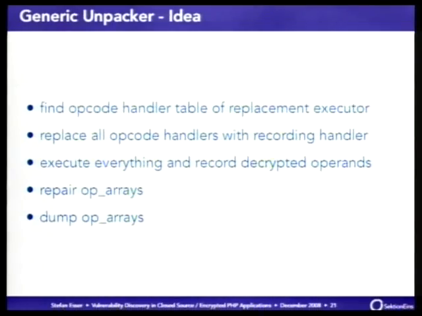And then I replace all the opcodes in there, which is 25 times 150, with so-called recording handlers. And then I just execute the PHP file as normal, but nothing is executed, it's just recorded. After that, I repair the op array and dump it wherever I need, or store it for further analysis, or just print out the disassembly, whatever I want to do.